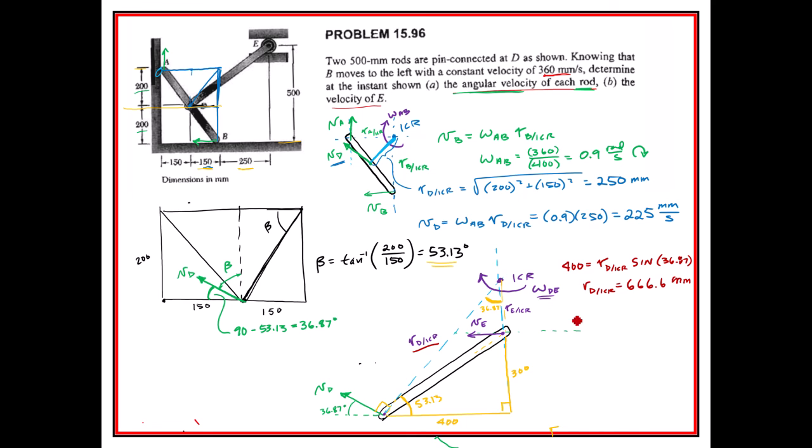Millimeters. From that, we're able to get that omega DE is going to be VD divided by RD with respect to ICR, so it's going to be 225 divided by 666.6, and so we end up with 0.3375 radians per second, and that is clockwise, as we found up here.